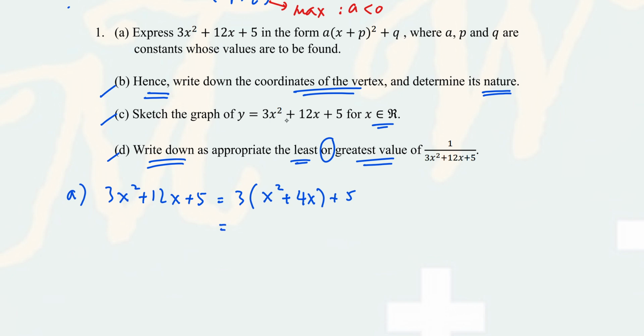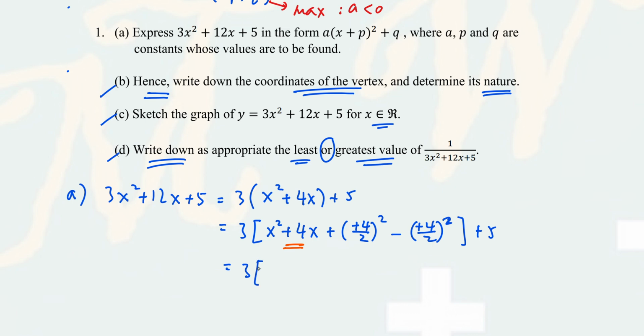According to the steps just now, you need to rewrite, and then after that, plus the square of a term minus the square of the same term, then plus 5. The term inside the bracket will be half of the coefficient for x. Therefore, this is going to be plus 4 over 2. So I will just do step by step.